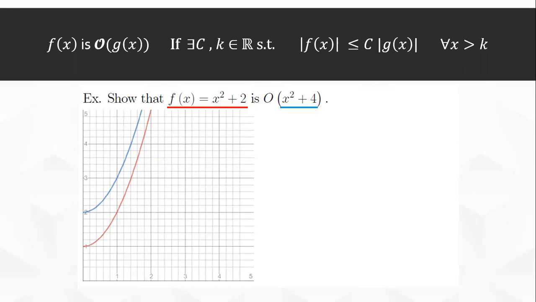In red here, I have x squared plus 2, and in blue, I have x squared plus 4. And I'm trying to show that the blue line passes up, is the phrase you'll hear me say, it's how I think of it, passes up x squared plus 2 past a certain point, right? That x squared plus 4 is an upper bound on x squared plus 2.